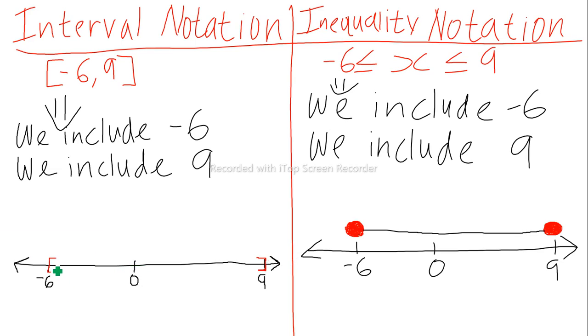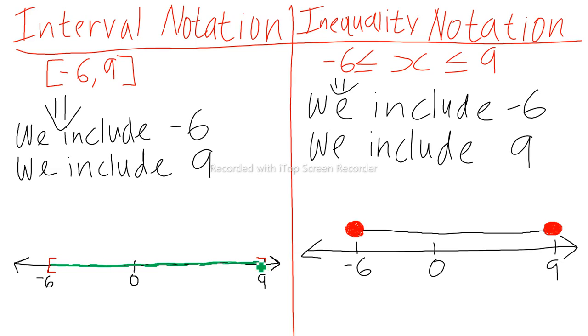So this is going to be: we include -6 and we include all the numbers in between as well. So 0 is included, 1 is included, 2, 3, 4, 5, 6, 7, 8, 9, everything is included.